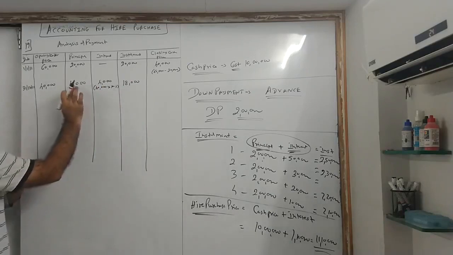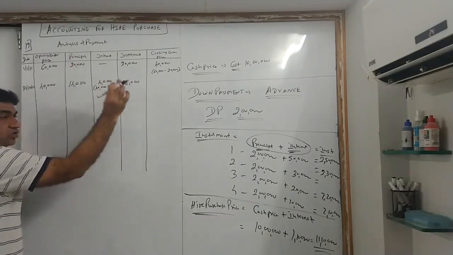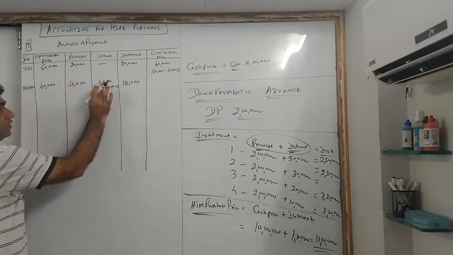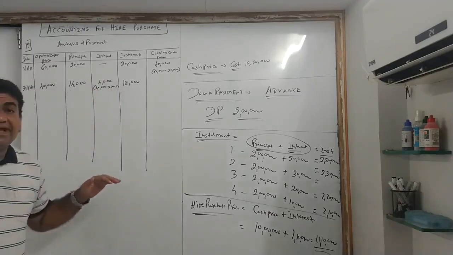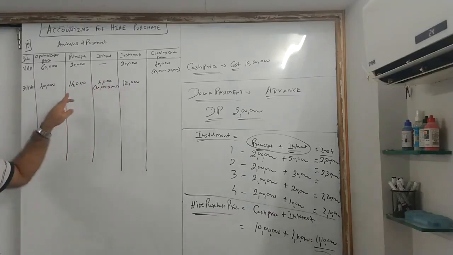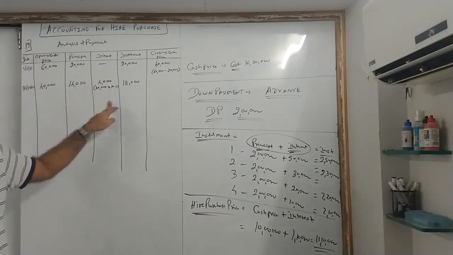Now check: 14 plus 4 gives me 18,000. So out of my first year installment of 18,000, 14,000 is principal and 4,000 is interest.